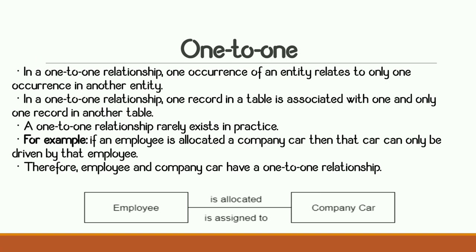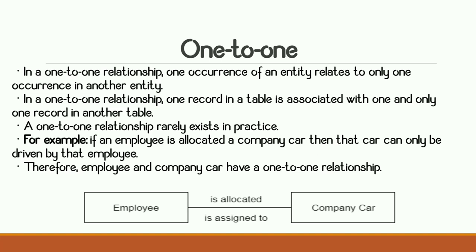In a one to one relationship, one occurrence of an entity relates to only one occurrence in another entity. Means, if there are two tables, table 1 and table 2, then only one entity will be related to another entity of table 2.